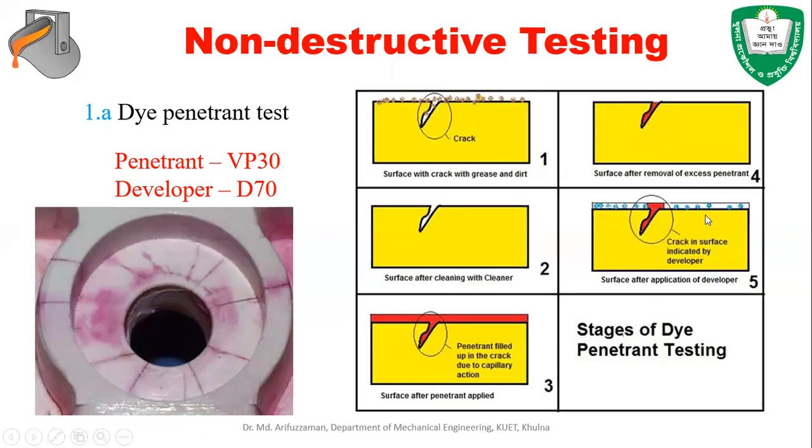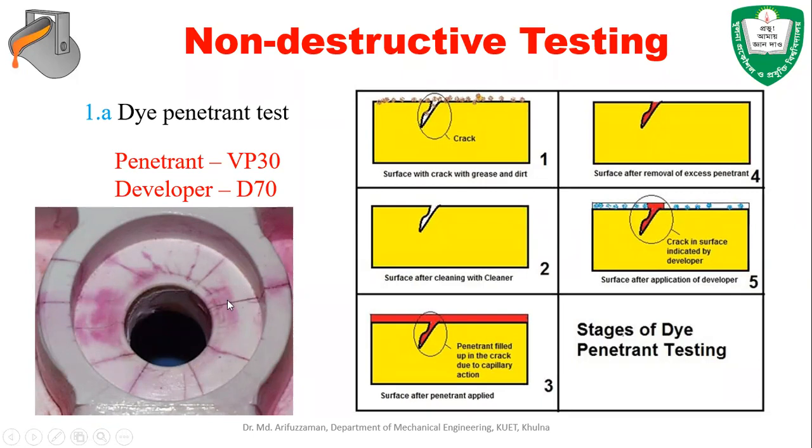When you sprinkle the developer on the surface, the developer pulls out the penetrant inside the crack, and it is pulled out onto the surface and spreads. Once it comes out of the surface and spreads, you will be able to visualize the cracks like this.